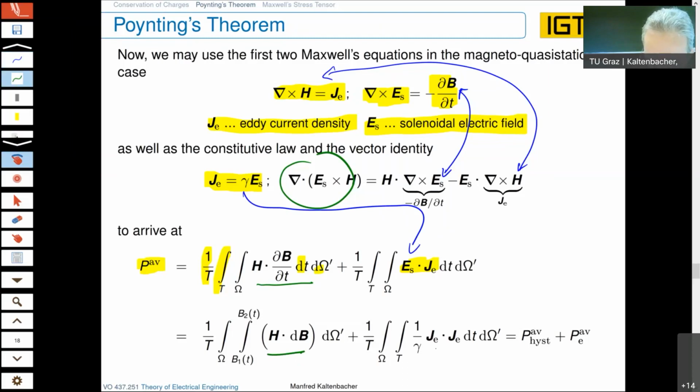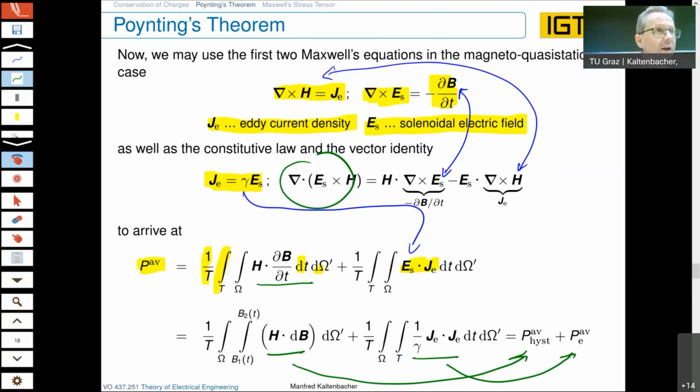And here are the typical ohmic losses due to the eddy currents flowing within our ferromagnetic ring structure.